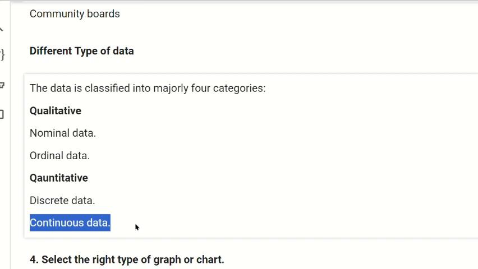Continuous data means things like height, age or weight, which keep increasing. Discrete data means consider natural numbers: 1, 2, 3, 4, etc.